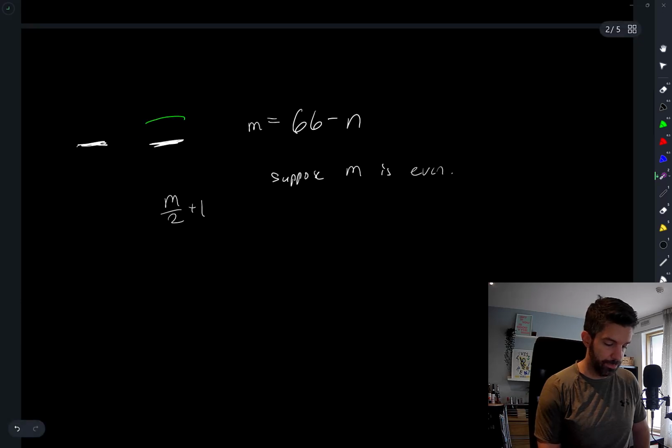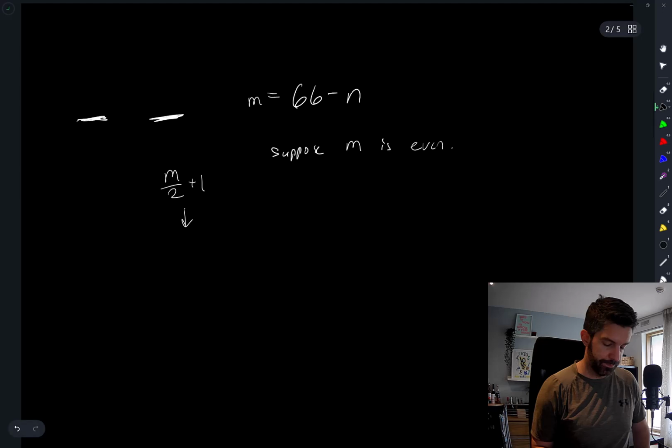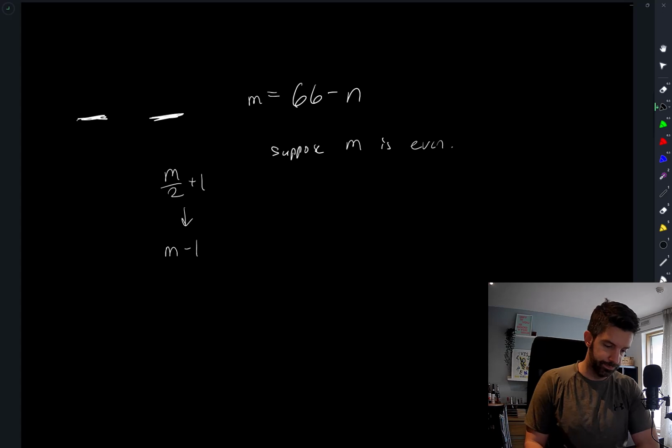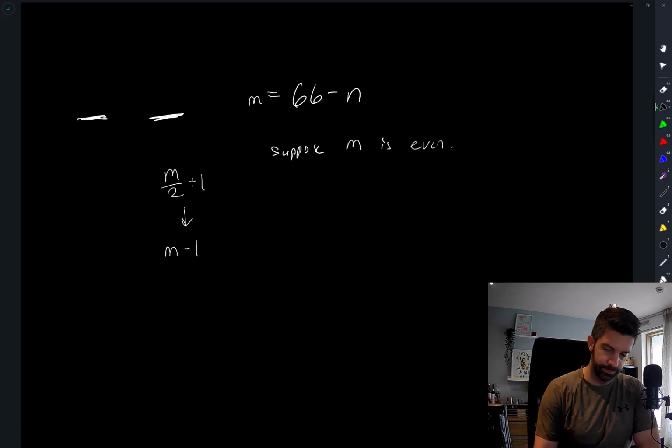So I have to put m over 2 plus 1 and m over 2 minus 1. And the largest I can put there will be m. I could put all of them here and 0 there, but that's not allowed. So I can put m minus 1 in the first pile. Okay, so how many numbers is that?